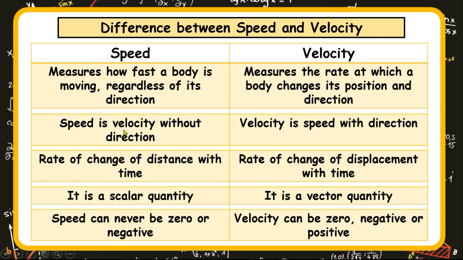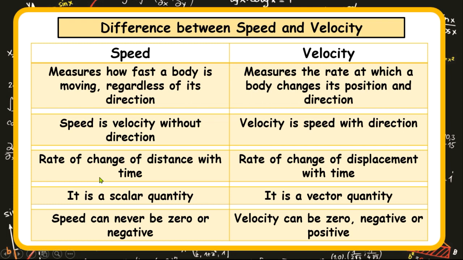The second difference dwells on the first and says that therefore you can say speed is velocity but without direction. And what this means is speed simply means yes, the body is changing its position with time, but we are not looking at the direction. Velocity, on the other hand, is said to be speed with direction. What this means is velocity is simply how fast a body is moving and in what direction it is moving.